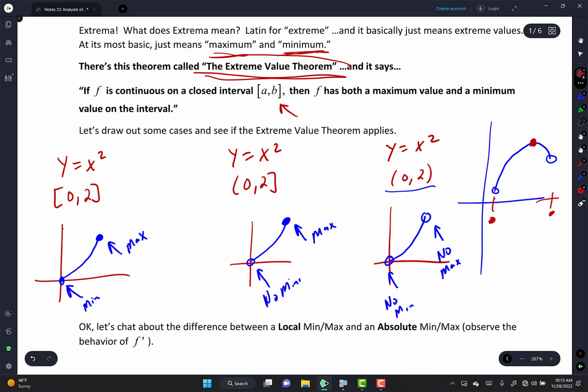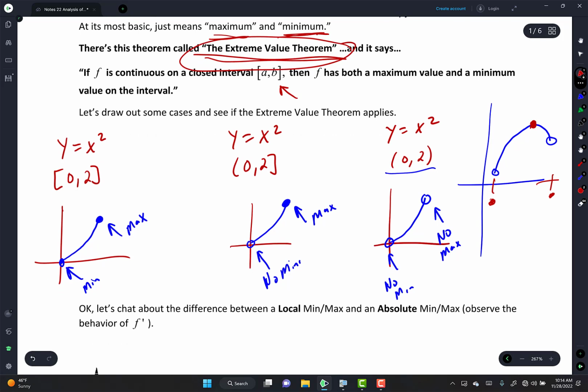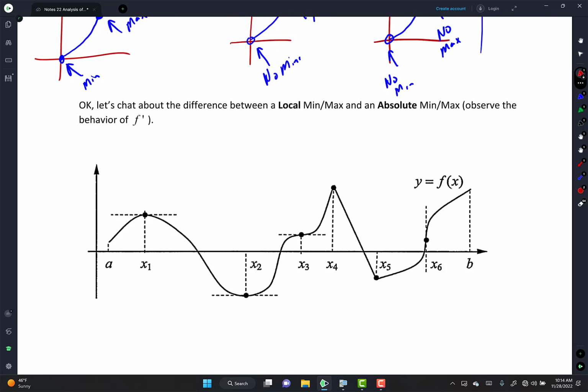For the extreme value theorem, you have to be continuous, and you have to be a closed interval always. Now, for you to have a max or a min, you can have an open interval and have a max or a min, as long as you're continuous within your open interval. I think I said that correctly. Cool? Okay.